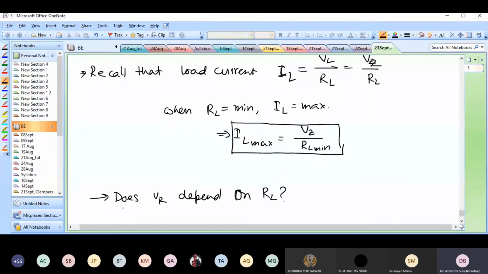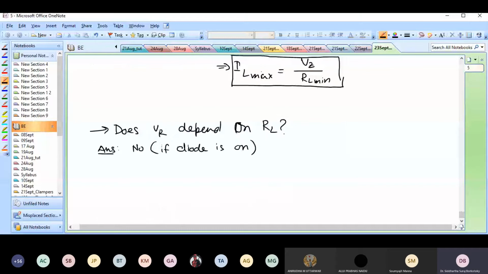The answer is no, if the diode is on. If the diode is off, then yes. When the diode is on, VR is nothing but the input voltage Vi minus the voltage across the load. But the voltage across the load is fixed at Vz when the diode is on.